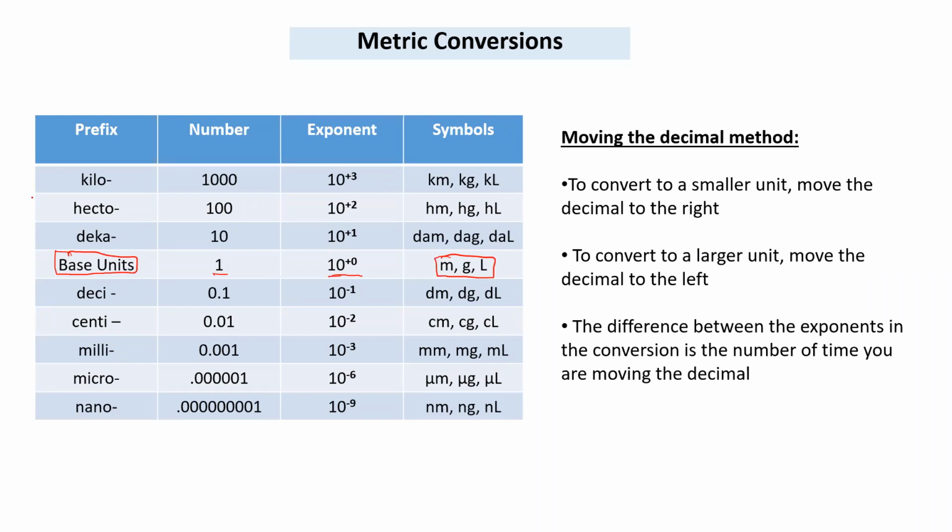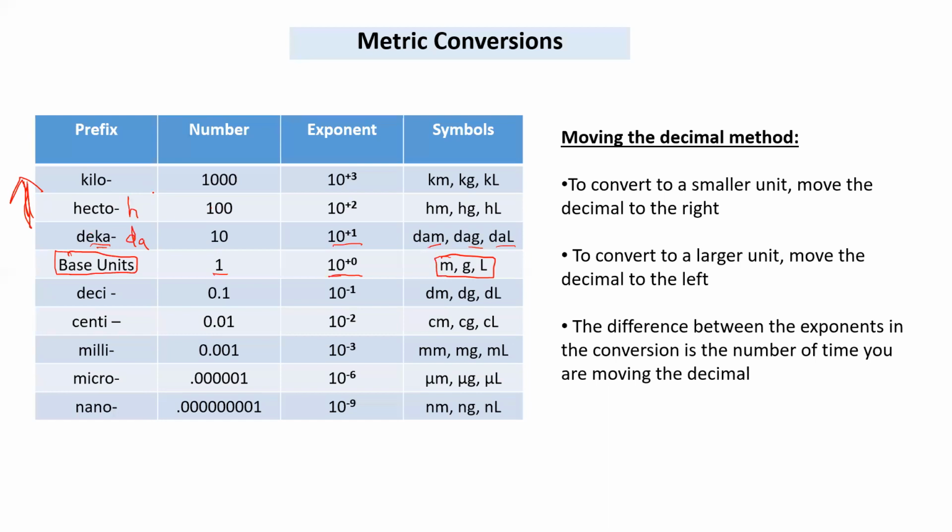So this is making the unit bigger, going up, like a deca, and I believe that's written da, is 10 to the plus 1. So that could be decameter, decagram, decaliter. Then if we go up to a larger hundredth, it's hecto. And hecto is just h, lowercase h.